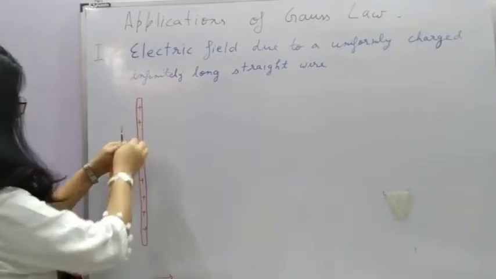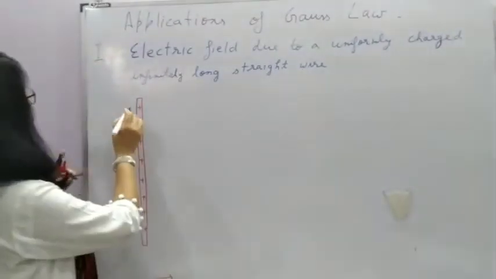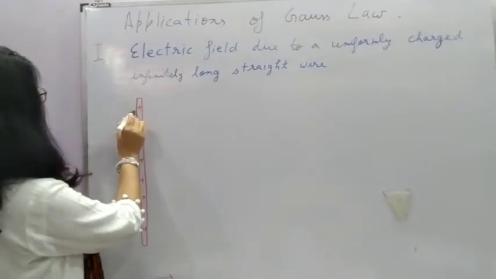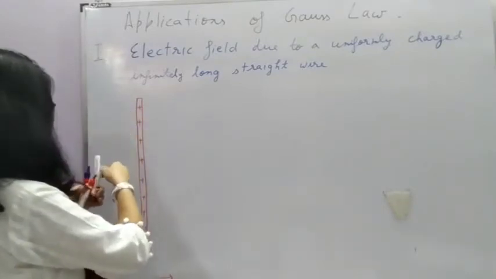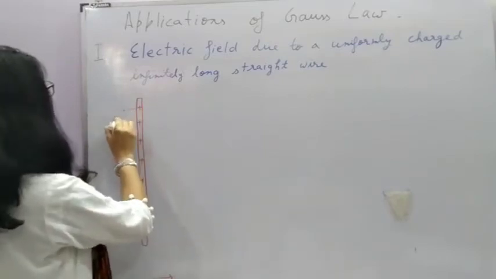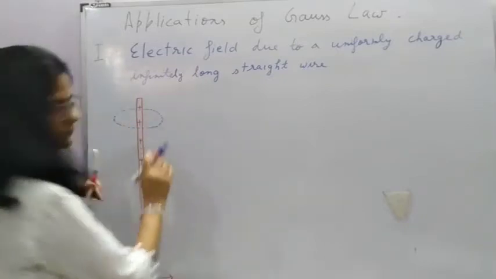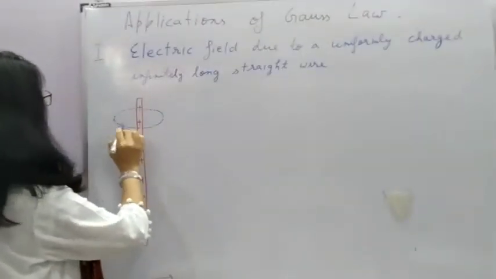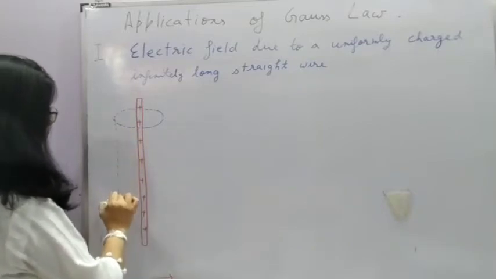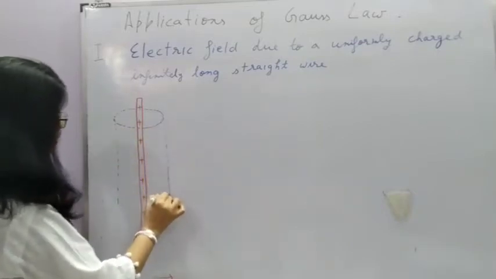This is the wire which I am showing by this, and this is the cylindrical Gaussian surface around it, where the wire is at the axis.